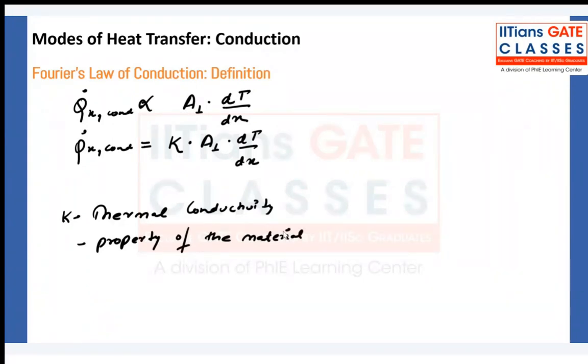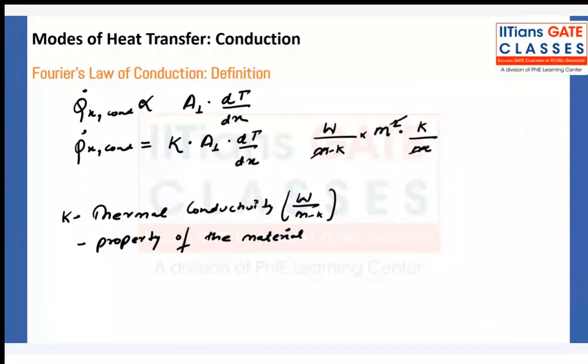Thermal conductivity has the unit watt per meter Kelvin. Let us check the units we are getting. Conductivity is watt per meter Kelvin, area is meter squared, and dT is in Kelvin, dx is meter. So meter cancels, K cancels, and the heat transfer you will get in watts, which is also called joules per second.